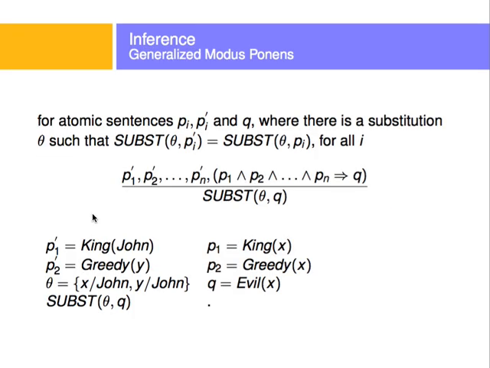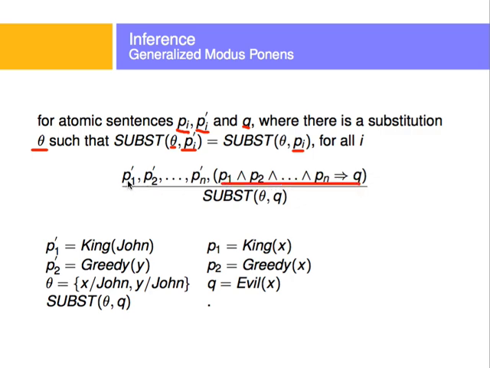And we do it more formally like this. If there's propositions and then another set of analogous propositions and a conclusion Q, and there's a substitution theta such that if we substitute the analogous rules, if that substitution also works for other rules such that these rules together drive to a conclusion.